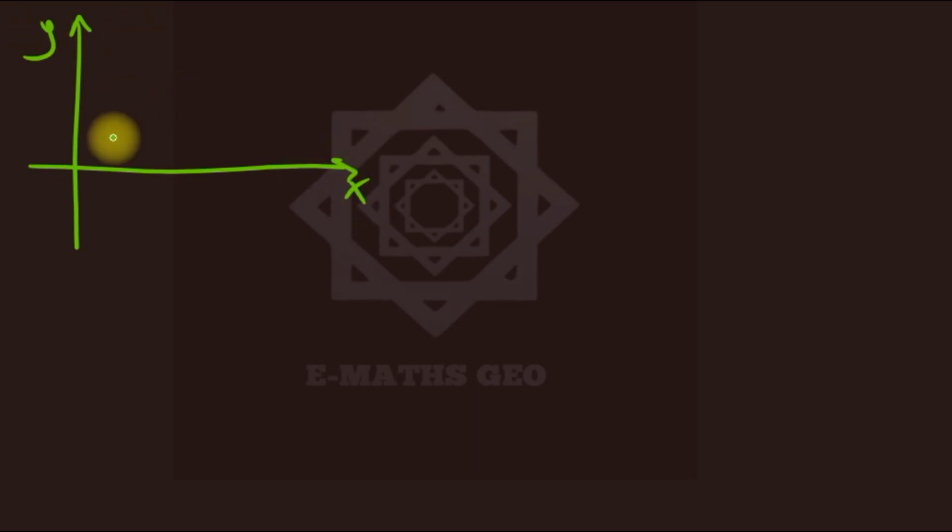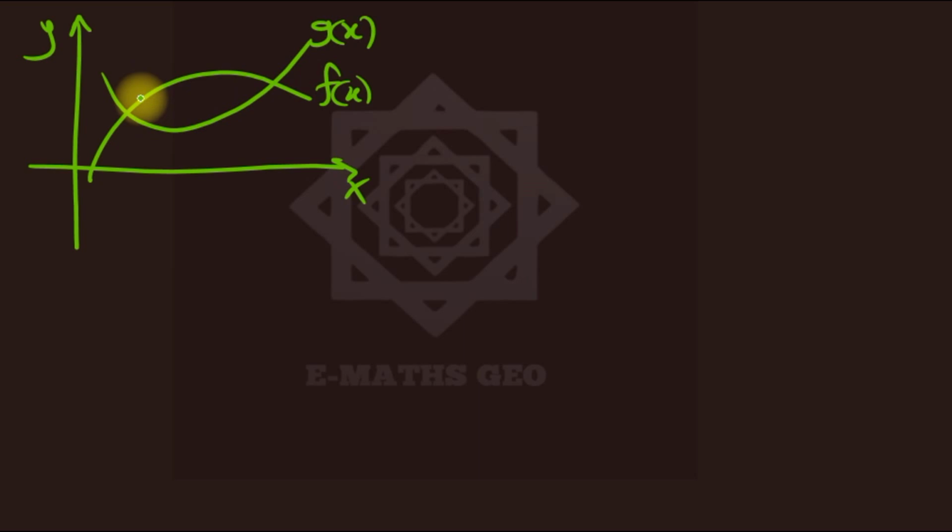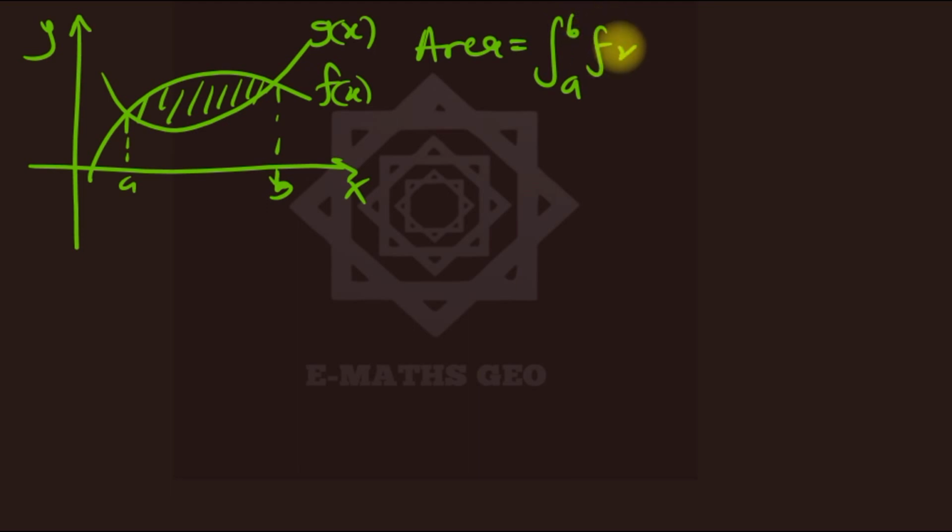First, if you are given two functions, a function f(x) and a function g(x), and we're asked to find the area bounded by these two curves, it is always the integral from their points of intersection, as the lower and upper limits, from a to b of f(x) minus g(x) dx.